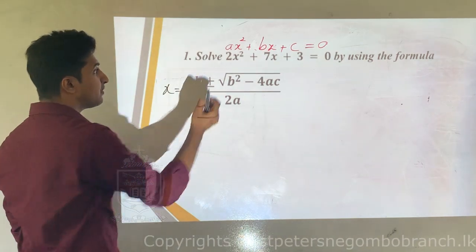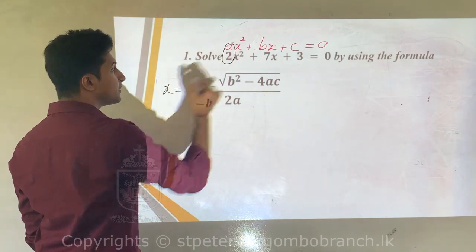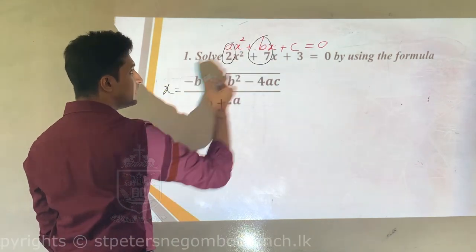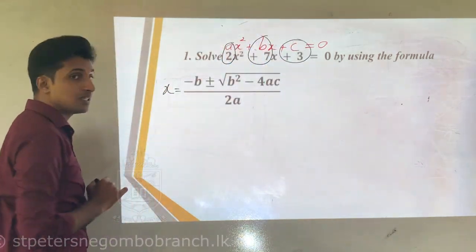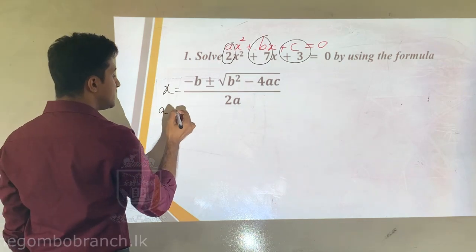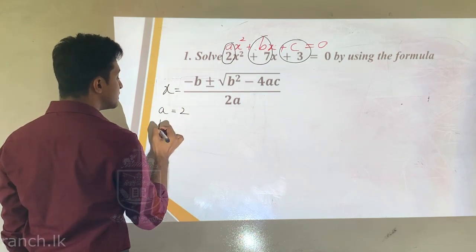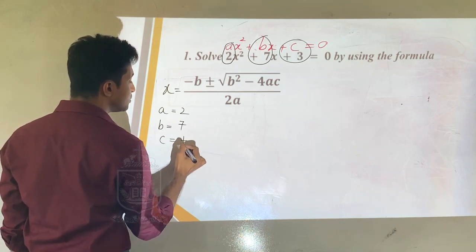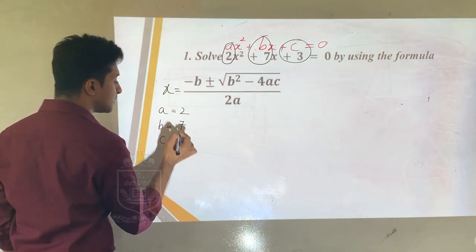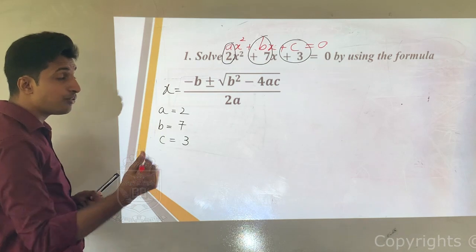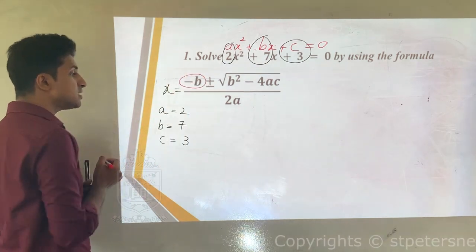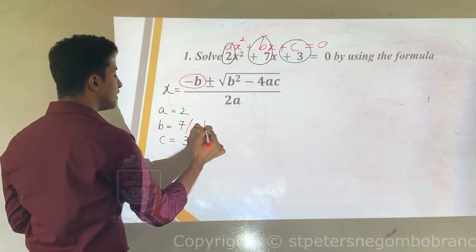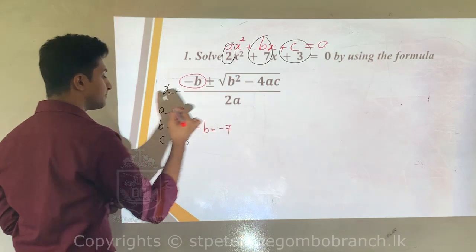After that, you can find what is the value of a, what is the value of b, and what is the value of c. It is better if you can point them down. A equals 2, b equals 7, and c equals 3, that is plus 3. Also you can see in the formula, since you need minus b also, find the value of minus b as well.